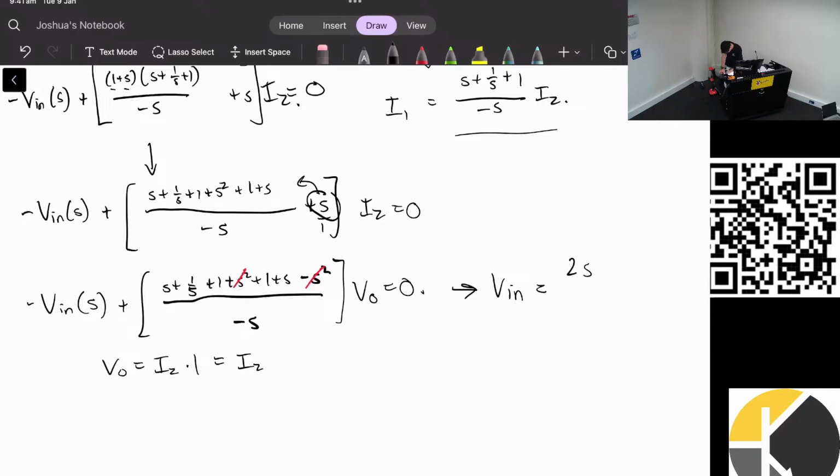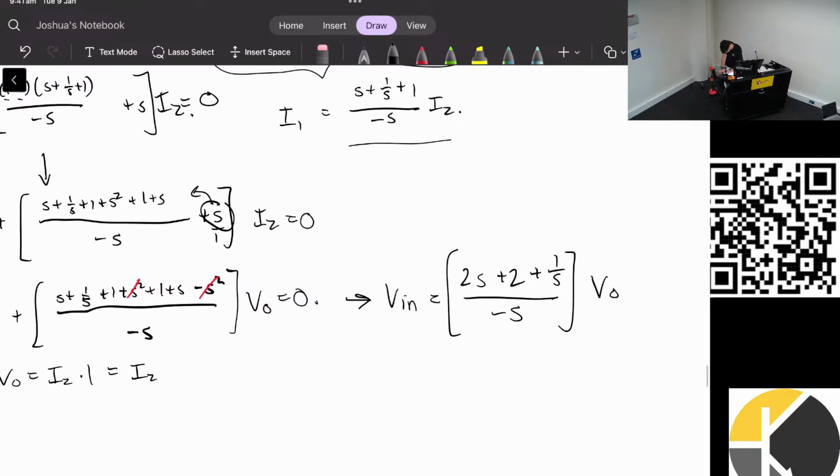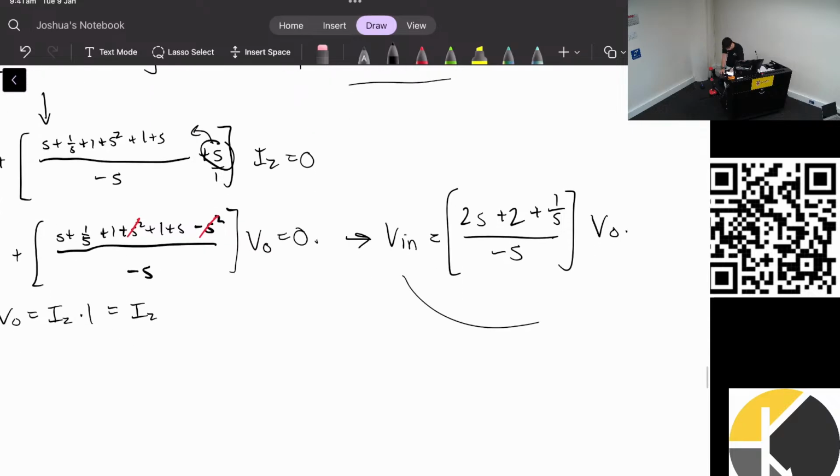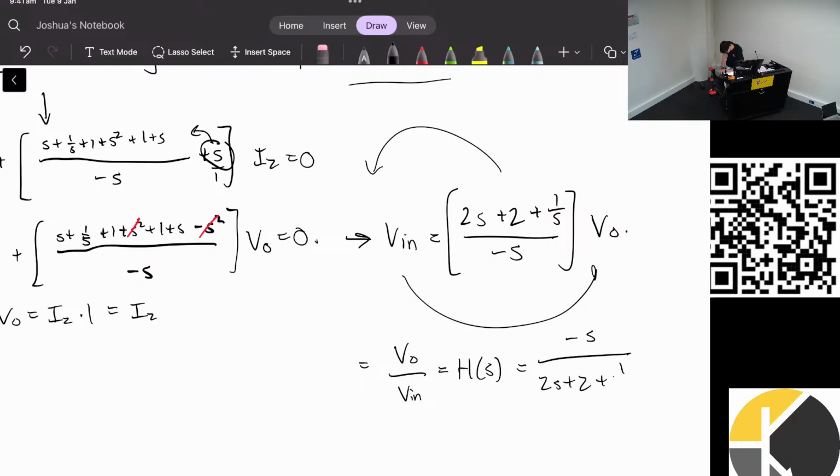So this is 2s plus 2 plus 1 on s on the numerator over minus s times V0. So then if I bring the V into the other side and this fraction to this side, I will get V0 on Vn is my transfer function, which is minus s over 2s plus 2 plus 1 on s.